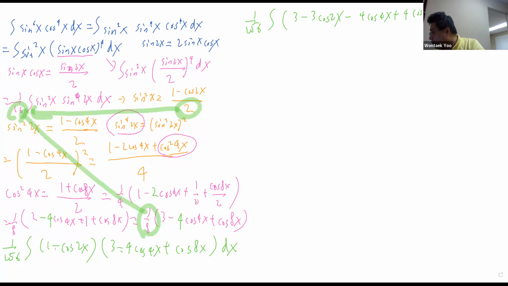And then we have plus cosine of 8x, and finally minus cosine of 8x cosine of 2x, dx.